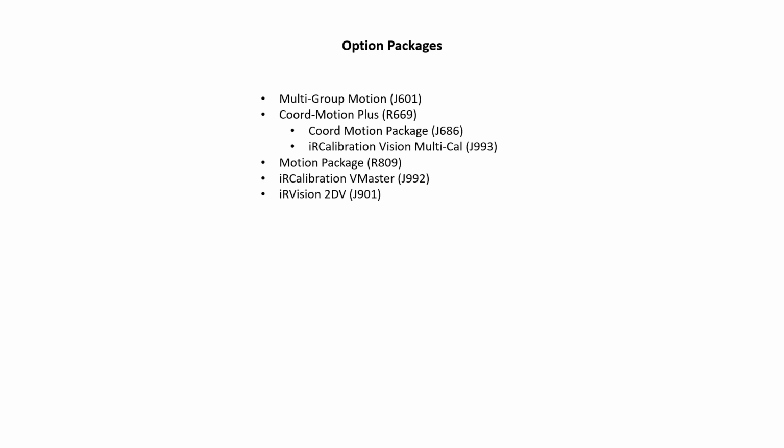To summarize, this is a list of all the option packages that we have installed. We have the Coordinated Motion Plus R669 that includes the Coordinated Motion package J686 and the IR Calibration Vision Multical J993.